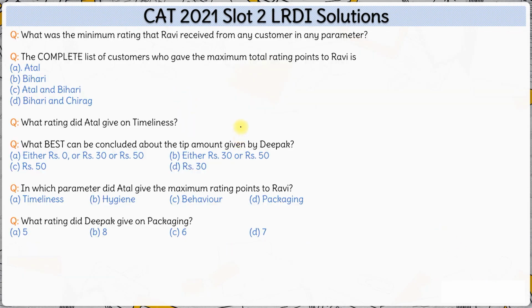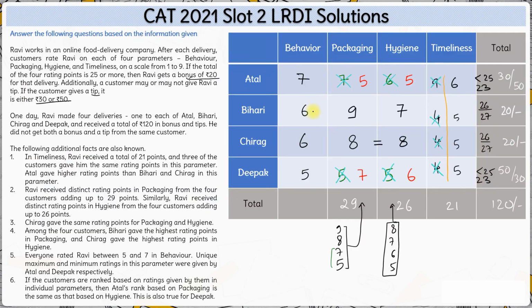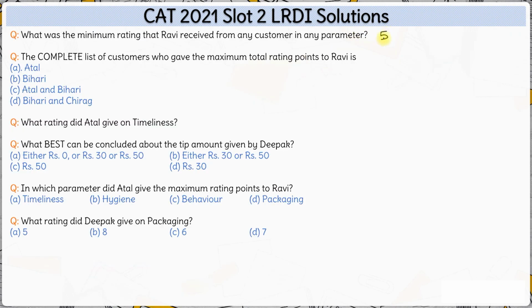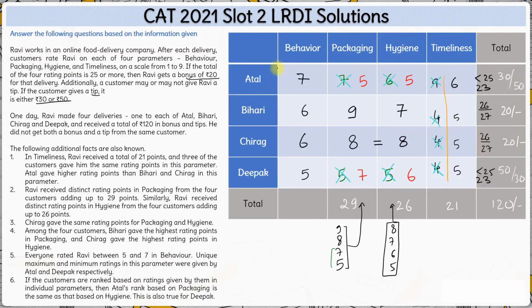Okay. So the first question here is, what is the minimum rating that Ravi received from any customer in any parameter? Minimum rating received by Ravi is 5 in packaging or hygiene. So in any case, the minimum rating is 5 here. Okay. Next, the complete list of customers who gave the maximum total rating points to Ravi. So we are looking at maximum total rating points.